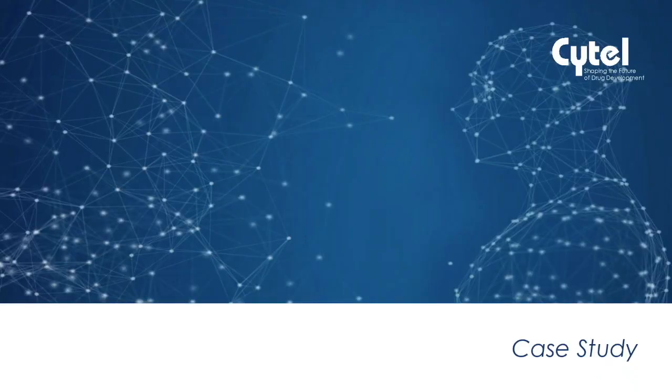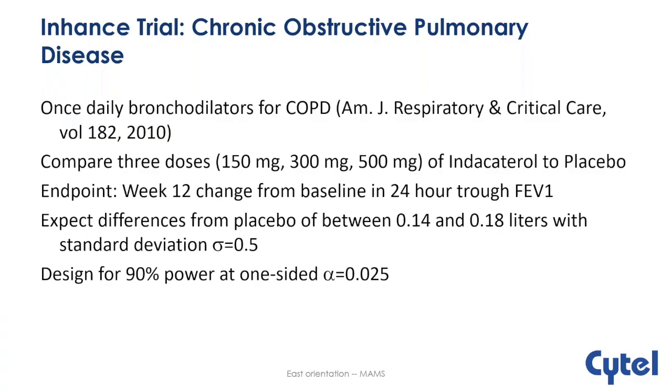So we're going to be illustrating our designs with a case study, which is going to be taken from the area of COPD. We have once daily bronchodilators for COPD, and what we do is compare 3 different doses of indacaterol to placebo.